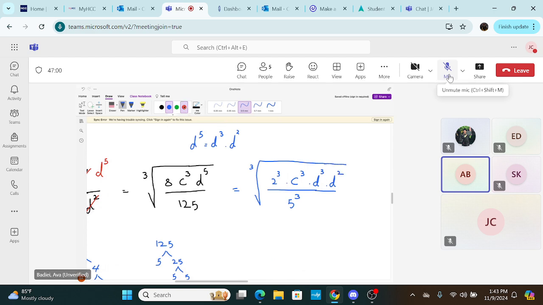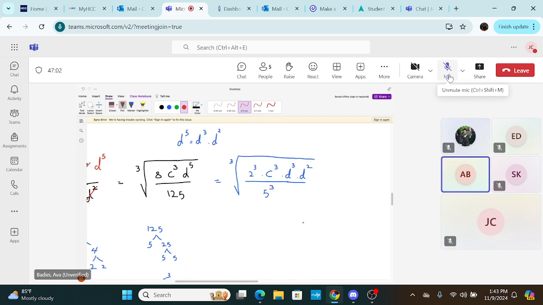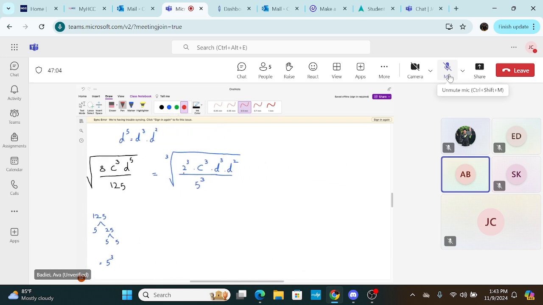And then at this point, we just start canceling. So you're going to say this 2 cancels, so you bring it out. The c cancels, so bring c out of your radical. The d cancels.